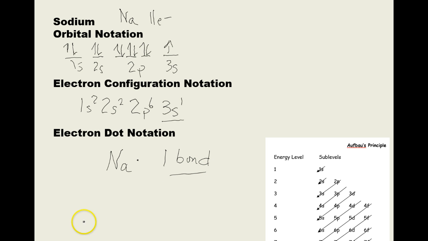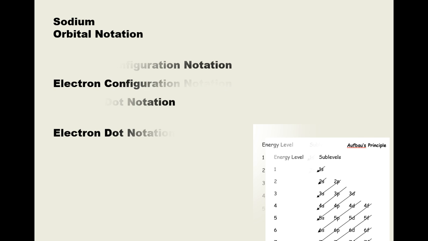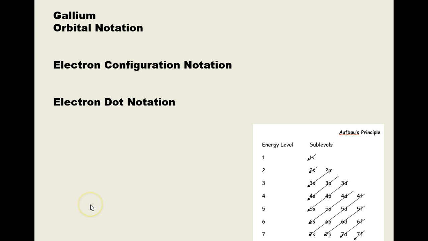Okay, let's try one more. We're going to use gallium. Gallium has the symbol Ga, and it has 31 electrons. All right, starting with the 1s, we're going to put in 2 electrons. 2s, 1 orbital, 2 electrons.